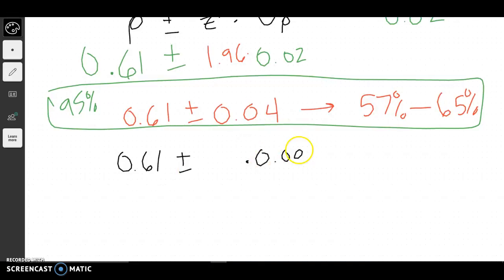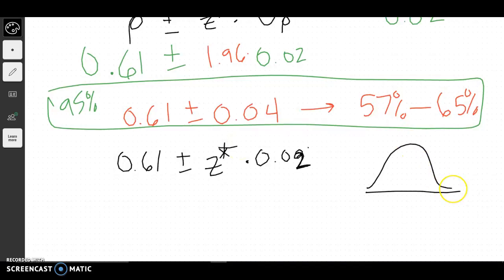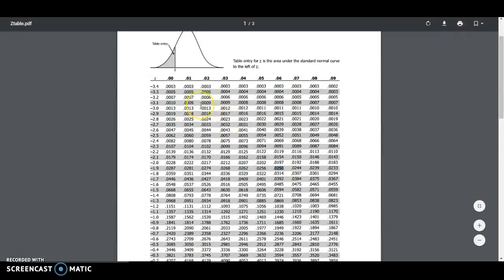The only thing it's going to change is my Z star. So again, for that Z star, we want 1% total from both sides, so that would be 0.5% on each side, which we'll look for on our table. So 0.5%. So that would be 1%.